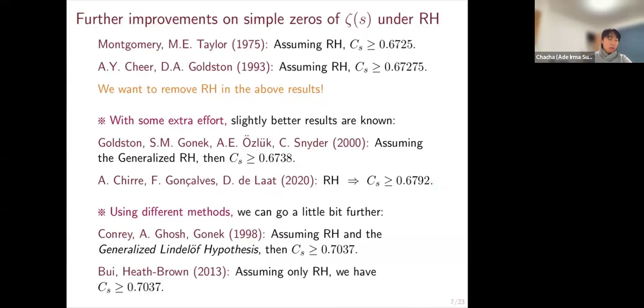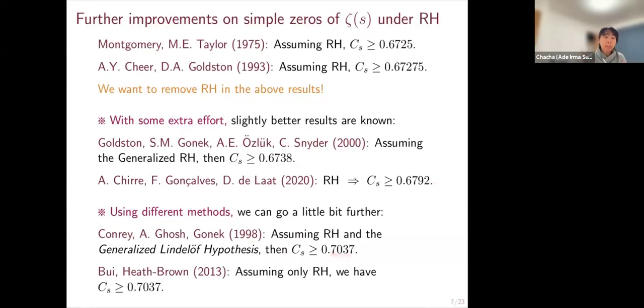Okay, now we can actually go a little bit further, but we need to use completely different methods. So not using Montgomery's pair correlation idea, but I would say the moments method. So you compute the moments of the Riemann zeta function to get better proportion.